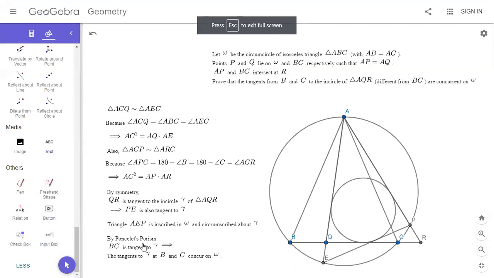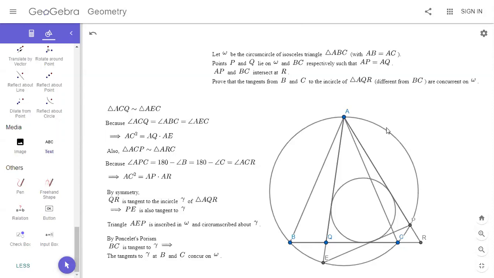But basically, Poncelet's porism says that if you have two circles, so in this case, the two circles in the diagram, and one triangle which is inscribed in one of the circles but circumscribed about the other circle, then there actually exist infinitely many such triangles.